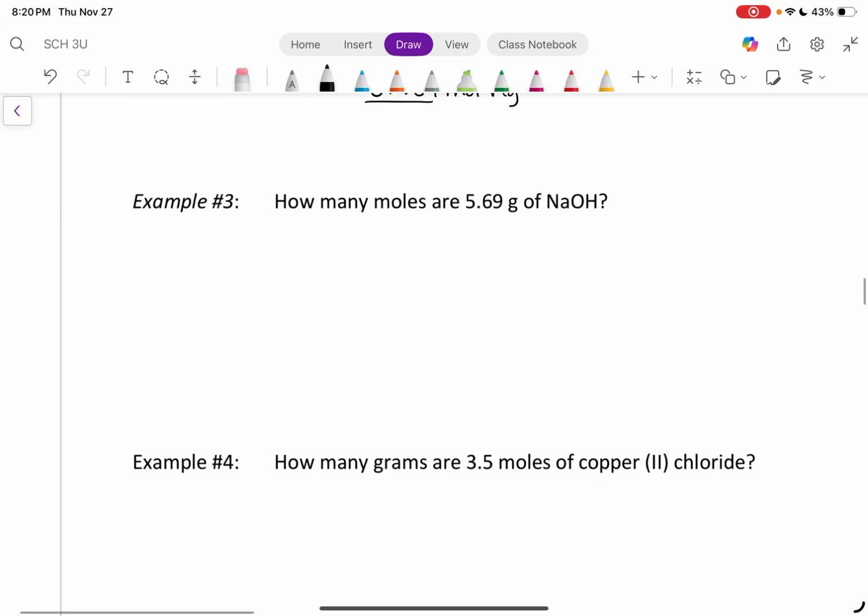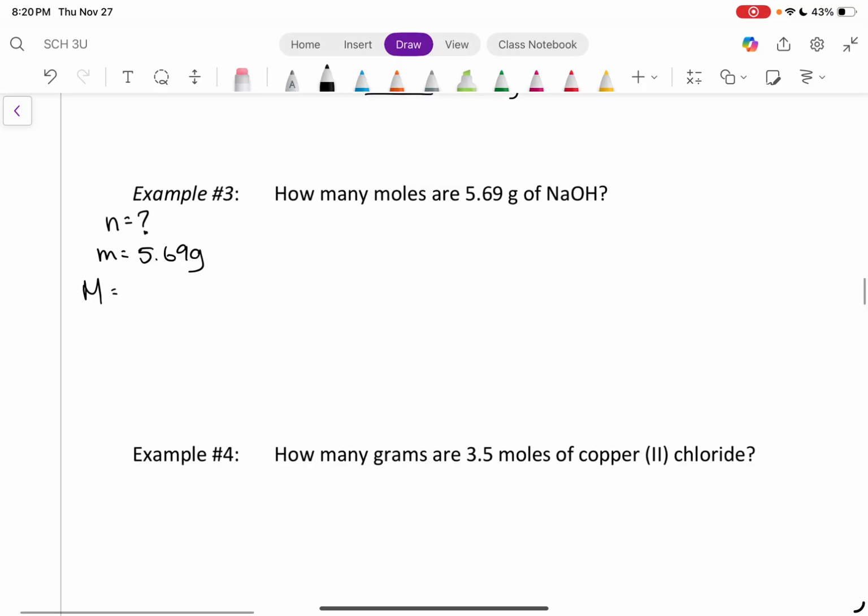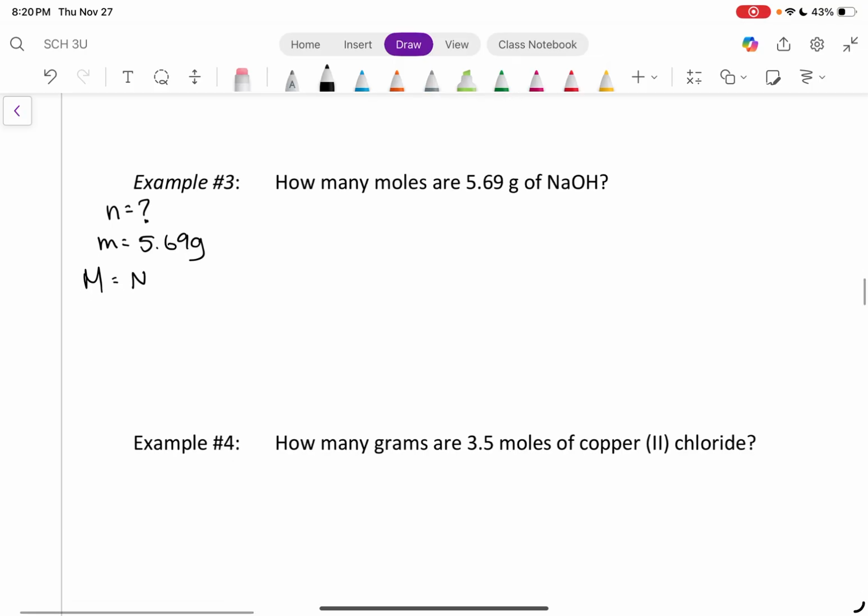So how many moles, so we're solving for moles, are in 5.69 grams of, now we have NaOH. So when we go to find our molar mass, we're going to have to find the molar mass of sodium and of oxygen and of hydrogen. So sodium is 22.99 grams per mole.